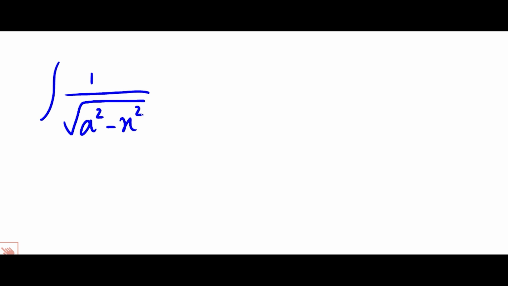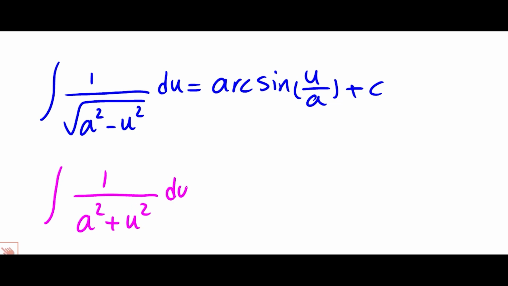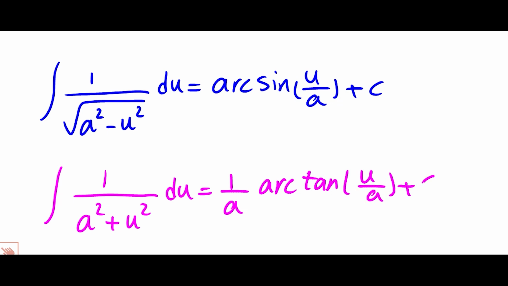As you know, the integral of 1 over the square root of a squared minus u squared du equals arc sine of u over a plus c, and the integral of 1 over a squared plus u squared du equals 1 over a arc tangent of u over a plus c.